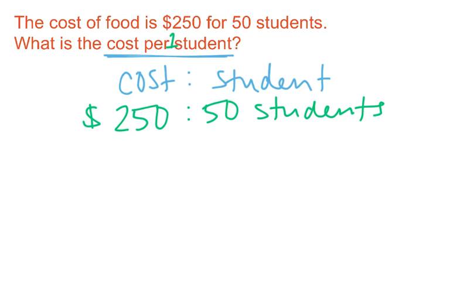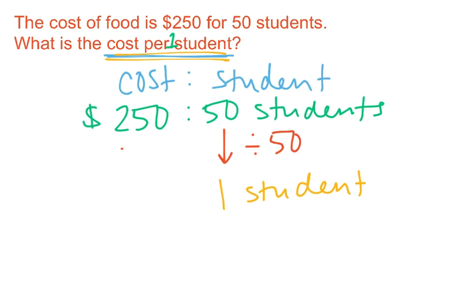But our goal is to go from 50 students to 1 student because we're trying to find the cost per student. So once again, we're going to use the idea that we're going from a bigger number to a smaller number, so we're going to divide. In order to go from 50 to 1, we're going to divide by 50. And we are going to do that on both sides.